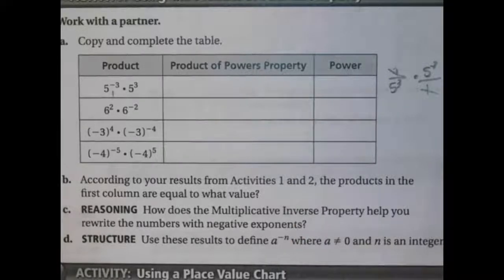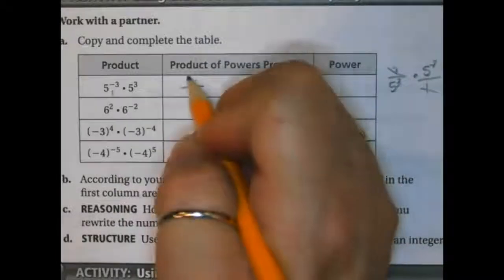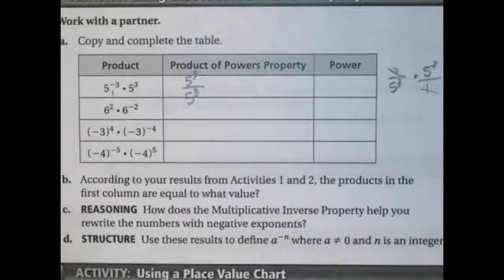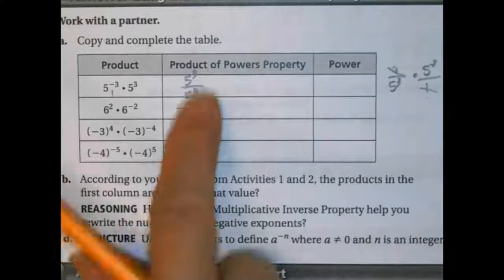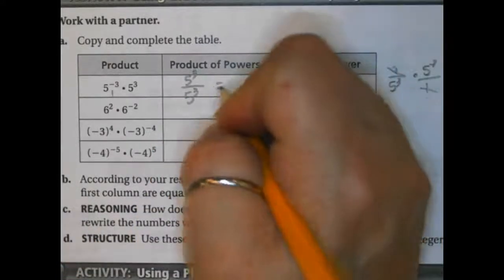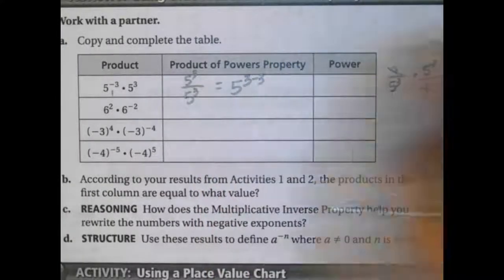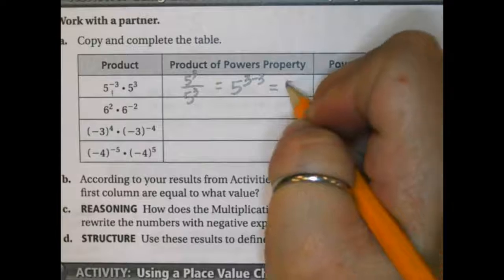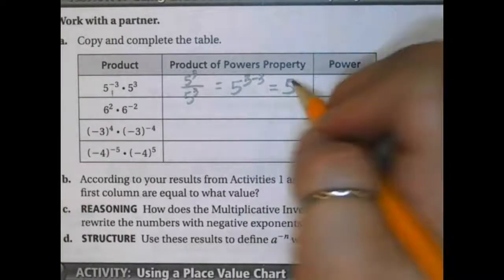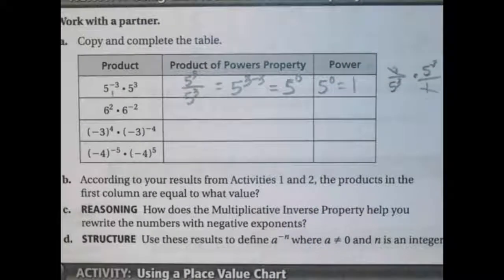So what I end up with is 5 to the 3rd over 5 to the 3rd, correct? But now I have a fraction with exponents, right? So I'm going to use my old school way of doing it and say 5 to the 3rd minus 3 is the same as 5 to the what? What's 3 minus 3? Okay, so 5 to the 0 is the same as 1.